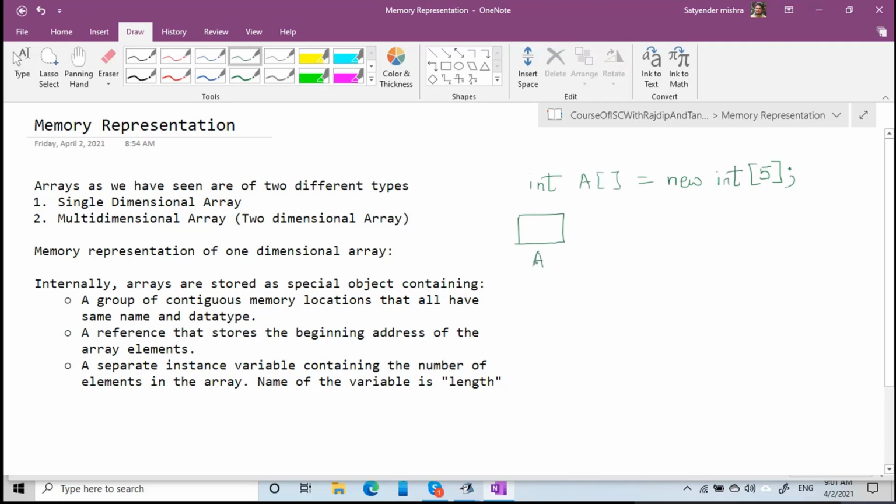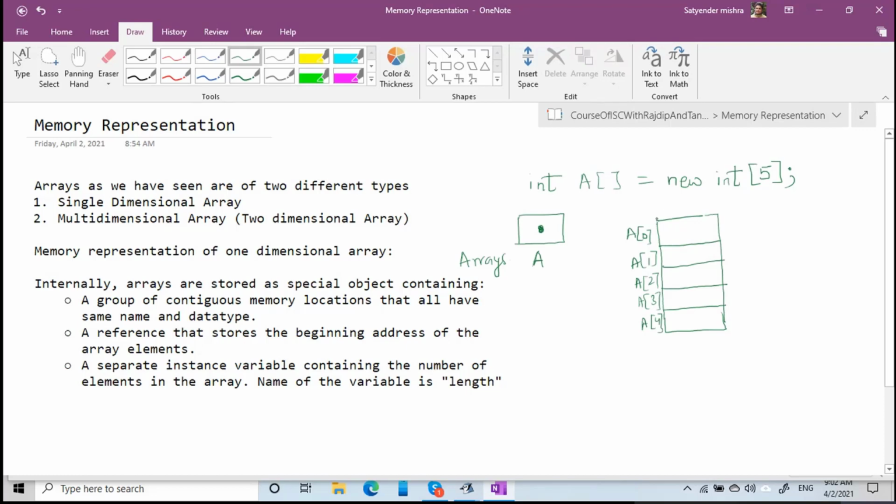And internally this a is an object of arrays. It is basically an instance of the arrays class. And it will point to a memory location, right? So there are 5 elements: this is A1, this is A2, this is A3.